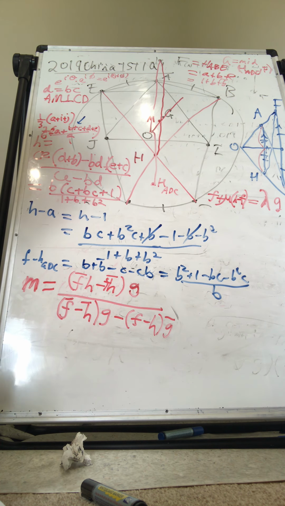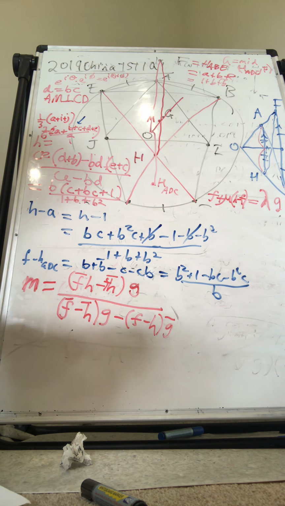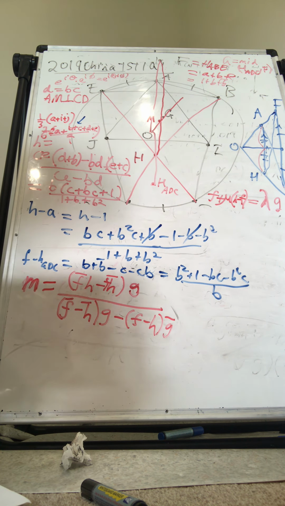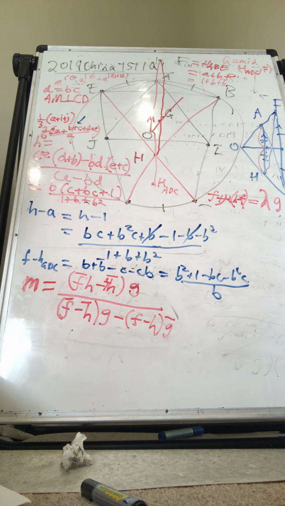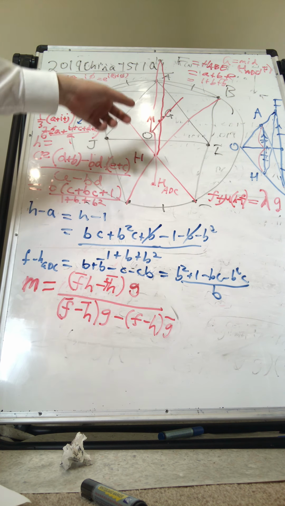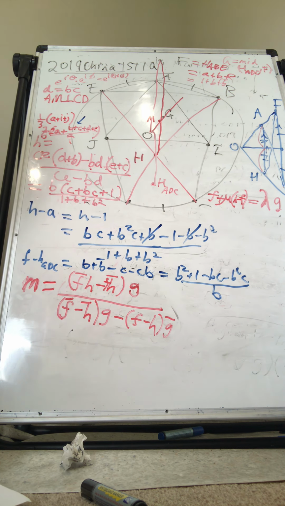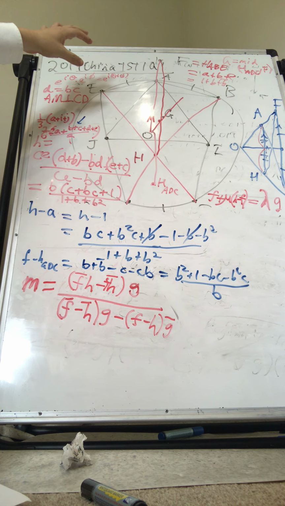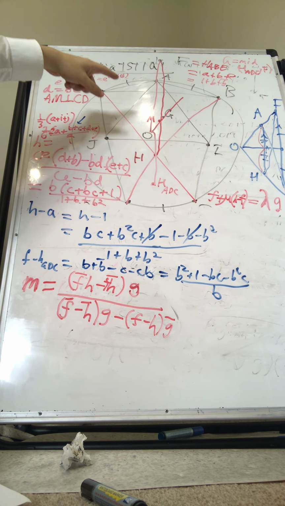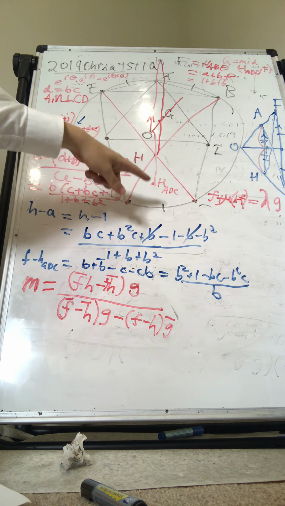So the point I want to make before my phone dies is, one way to continue the bash is to show, it feels off, it's much easier to figure out what m would have to be. It's much easier to figure out the intersection of OG and A orthocenter.